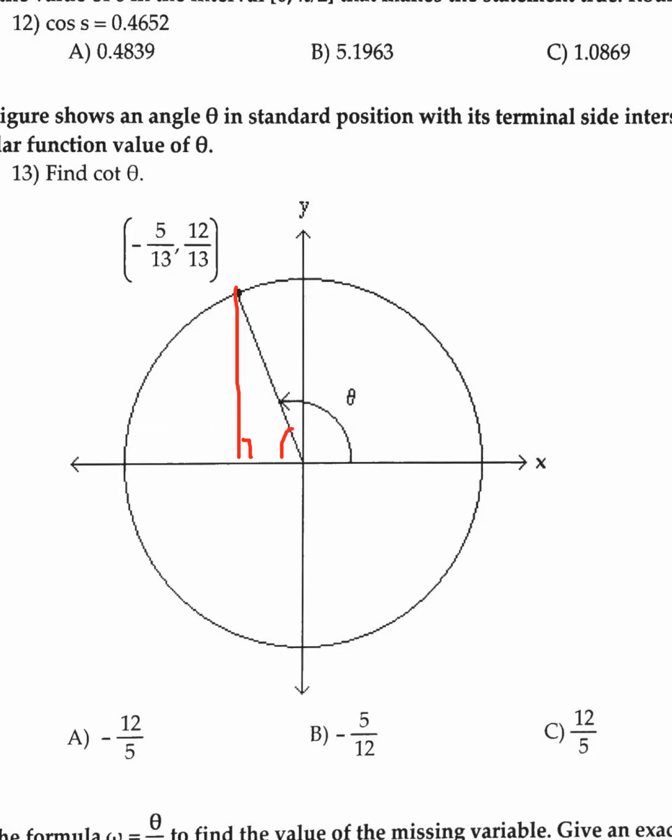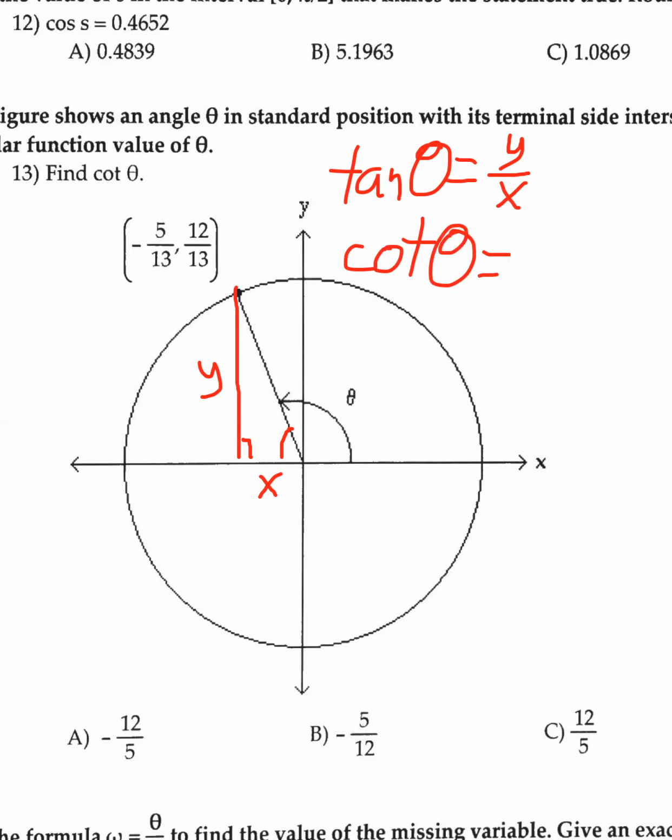Cotangent is just the reciprocal of tangent. Remember that tangent is opposite over adjacent. In this case, your opposite value is y and your adjacent is x. So tangent of theta would have been y over x, but I want cotangent, so I'm just going to do the reciprocal. I want x over y.